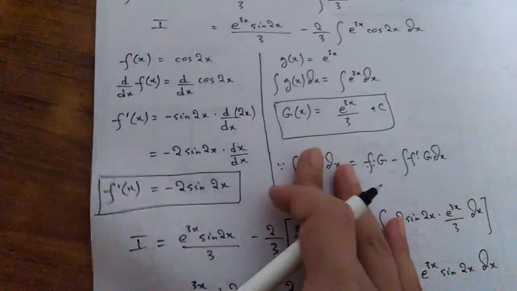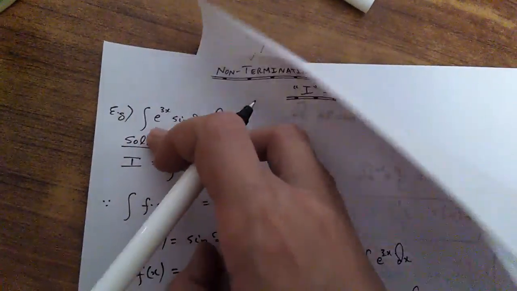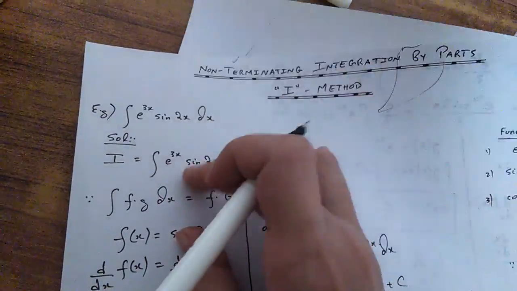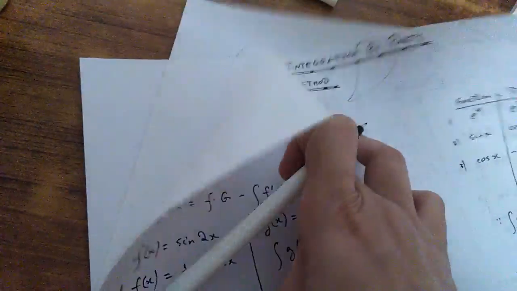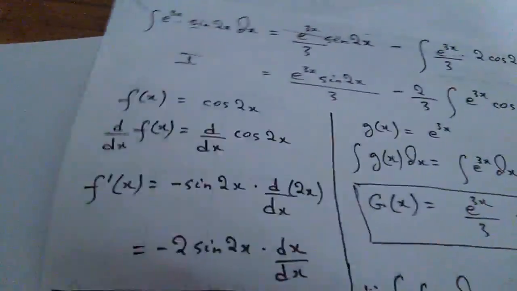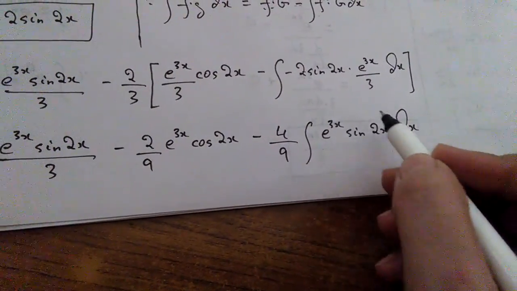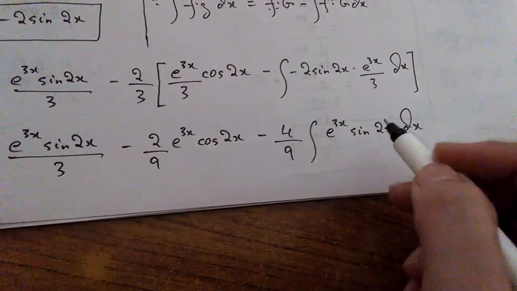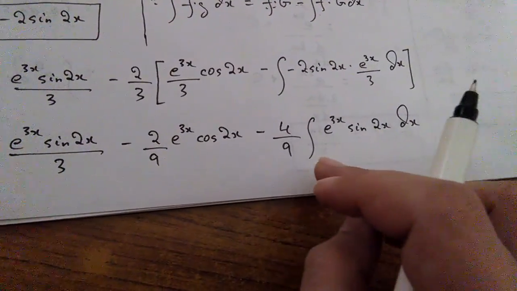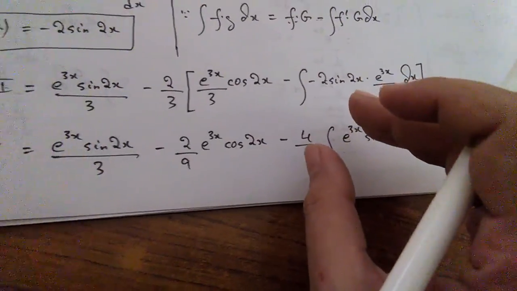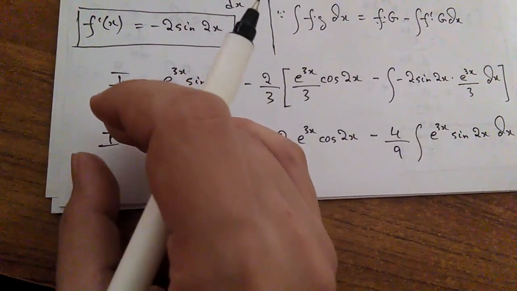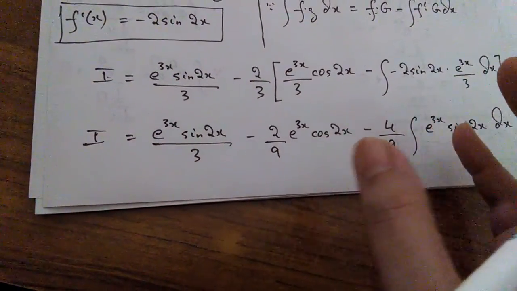And if I turn my page, it is similar to this, and it was your I. Okay, so it means that this integral is your I. So at this place I'm going to write my 4 by 9 into I, and then I'm going to shift this I part over here at the left hand side, and my work is set to be done.